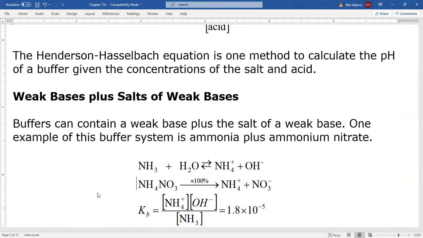Ammonia ionizes with water to produce the ammonium ion and hydroxide, and the ammonium nitrate ionizes 100% to produce ammonium and nitrate. So the Kb is the concentration of ammonium and hydroxide on the top divided by the concentration of ammonia on the bottom, and that equals 1.8 times 10 to the negative fifth if you look it up in the table. That just coincidentally equals the ionization constant for acetic acid. There's no deeper meaning.